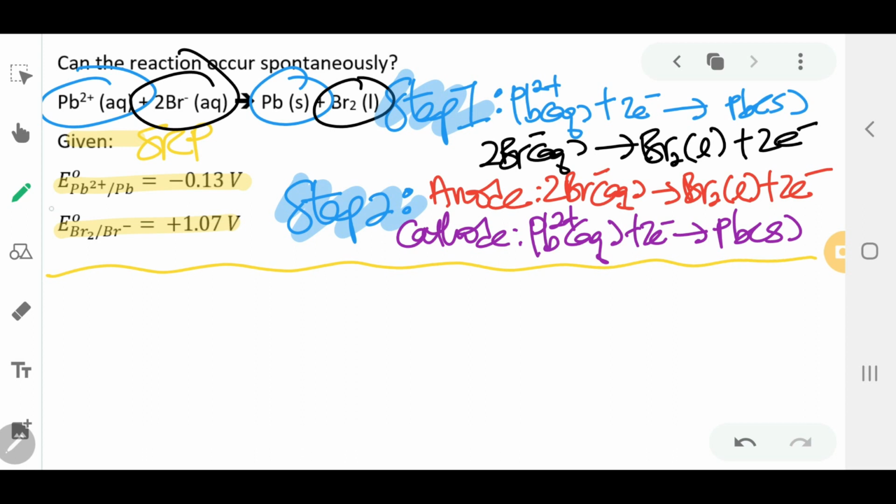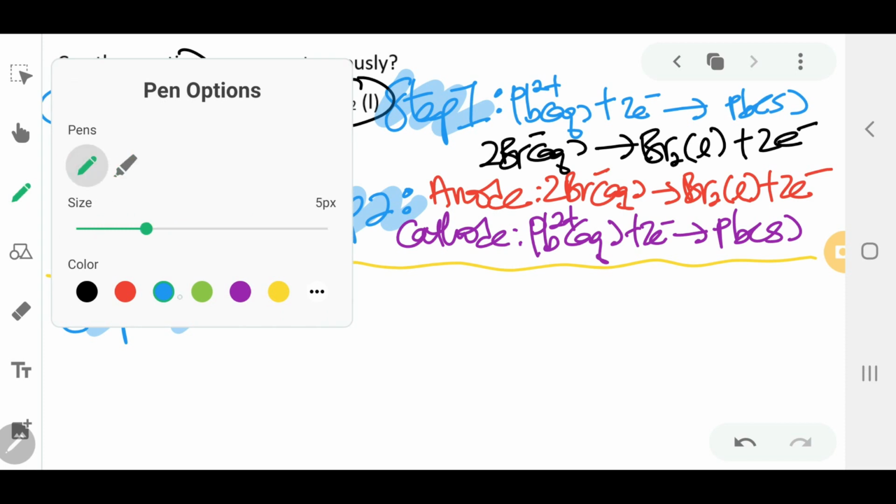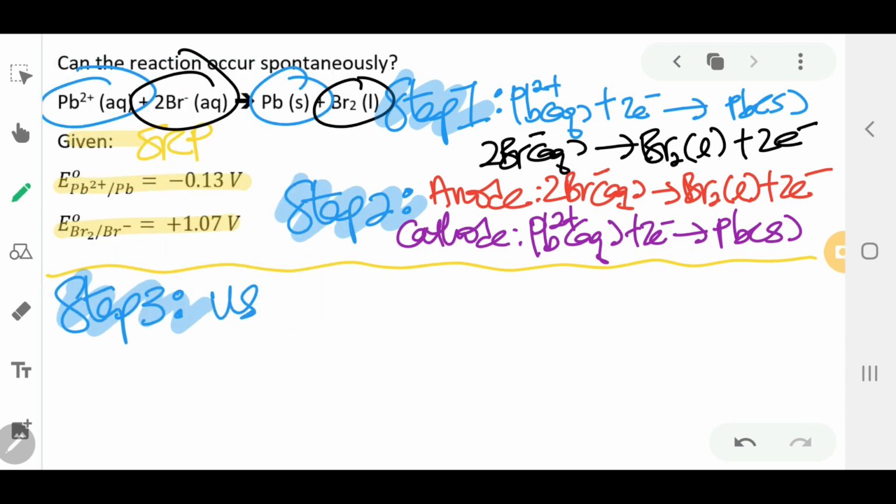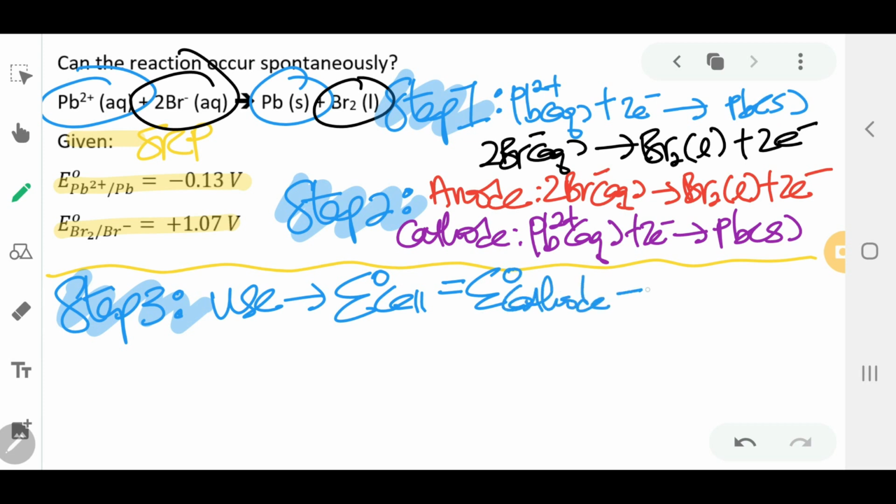Okay, then step 3. We're going to use our very, very useful E0 cell formula, E0 cathode minus E0 anode.